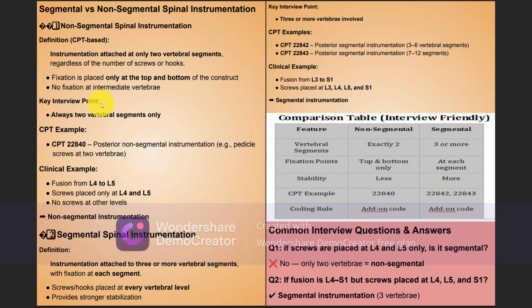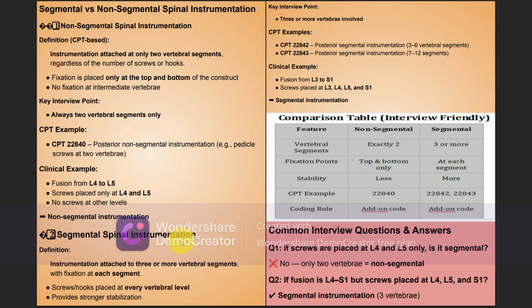Key interview point: always two vertebral segments only. Example: 22840, posterior non-segmental instrumentation, pedicle screws in two vertebrae. Clinical example: fusion of L4 to L5, screws placed only at L4 and L5, no screws at the other levels. That time we are reporting non-segmental instrumentation.